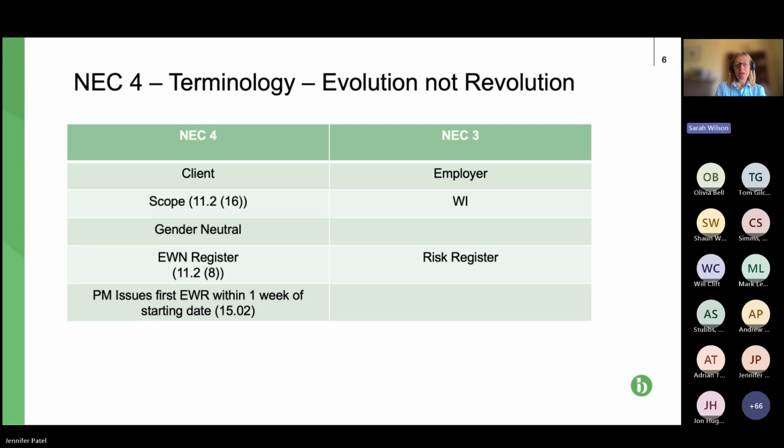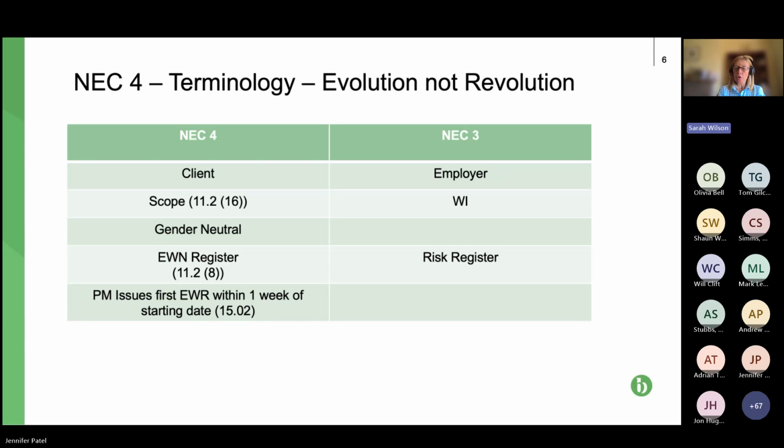So it's now been changed to the EWN register, the early warning notice register, but basically the aim of it is to list risks. So for example, weather will generally be a risk under a construction project. Just because it's in the register doesn't mean that a particular party bears the risk of the weather. You need to look at the contract to determine who bears the risk.